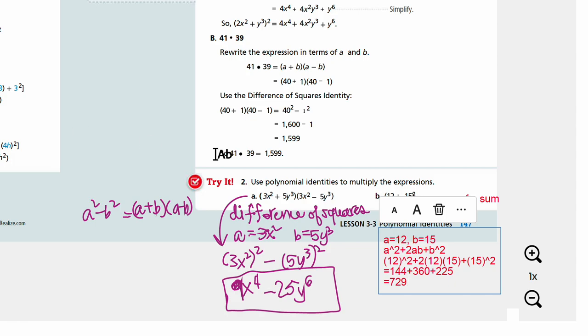Yeah, 729. All right, so using square of a sum, you can just plug it in like that. Or you can add 12 plus 15 and get 27, and you can square 27. But this is a good practice for you to get used to the polynomial identities. So I think it's a good idea to practice using just the constants if you're not entirely comfortable with the polynomial identities.